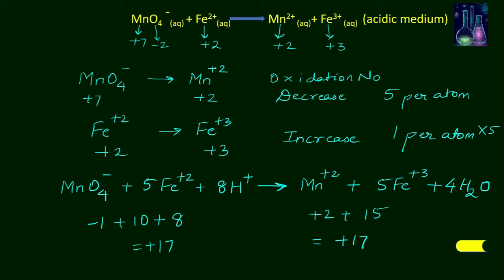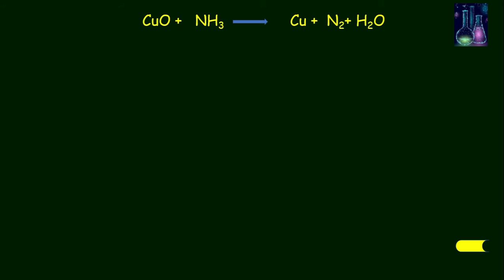Now let's move on to our next example. First, we have the skeletal equation in front of us. Let's balance the atoms other than hydrogen and oxygen. So, one copper, two nitrogen, one nitrogen, so I'll put 2 here. Then assign the oxidation numbers.